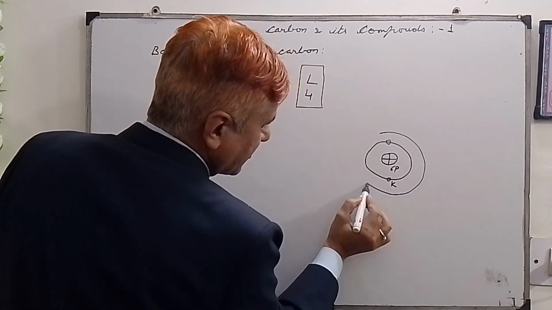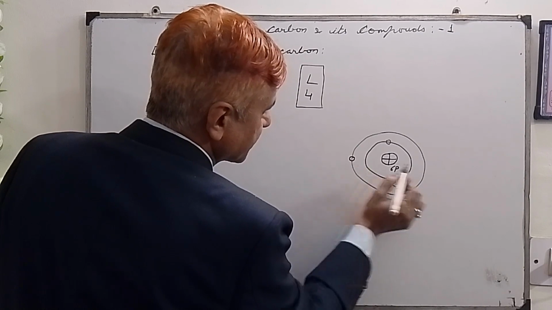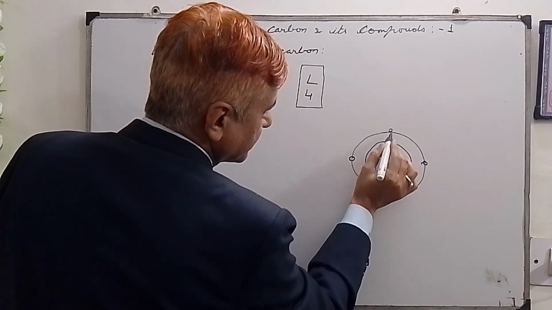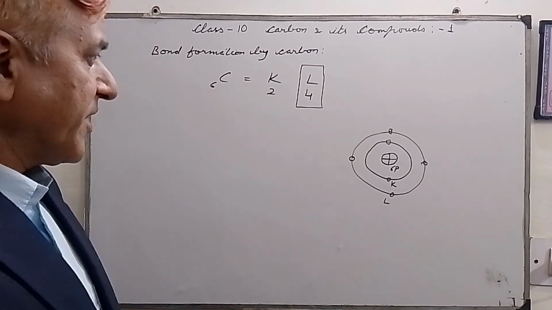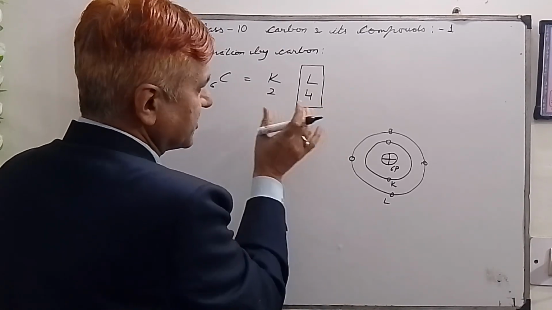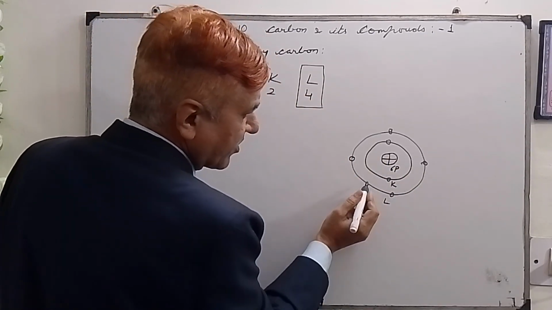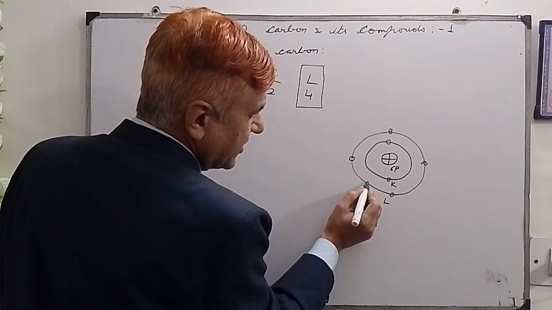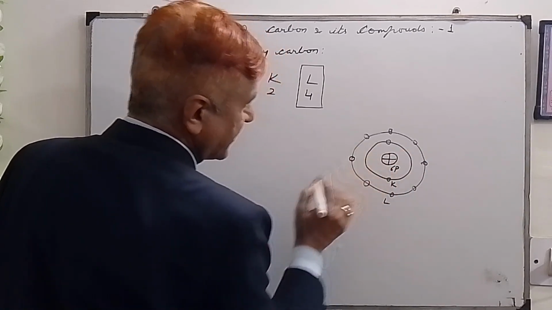And this is the outermost shell, the L shell, having how many electrons? 4 electrons. Now when 4 electrons are given to this carbon atom, how many electrons will be there in the outermost shell? 8 electrons. So 5, 6, 7, 8.